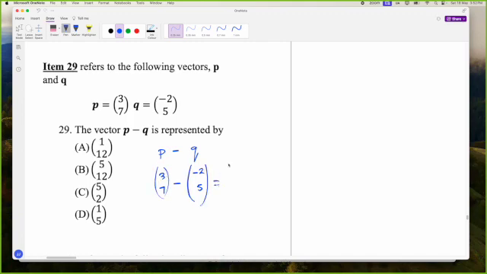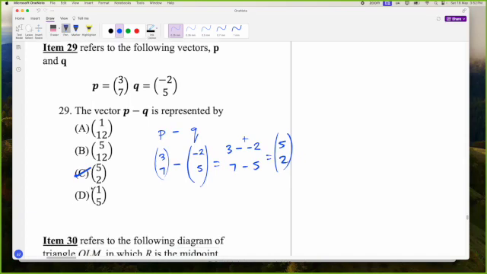That means I'll have 3 minus -2, and 7 minus 5. You can see that 3 minus minus will become a plus. So 3 and 2 is 5, and then 7 minus 5 is 2. (5, 2), the answer is C.